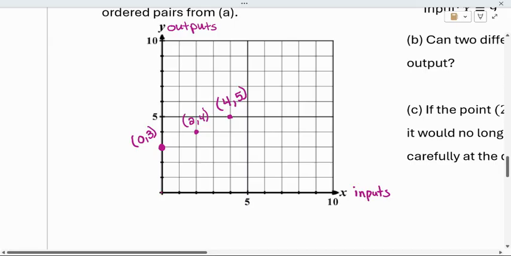What about when x is 6? My output is 6. That's the ordered pair 6, 6. What about when x is 8? My output is 7. That's the ordered pair 8, 7. And what about when x is 10? When x is 10, my output is 8. That's the ordered pair 10, 8.